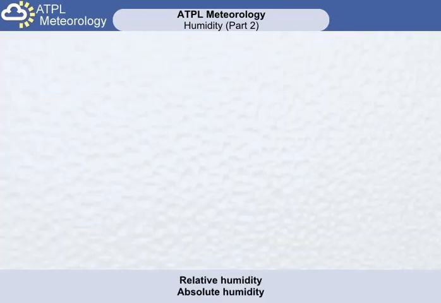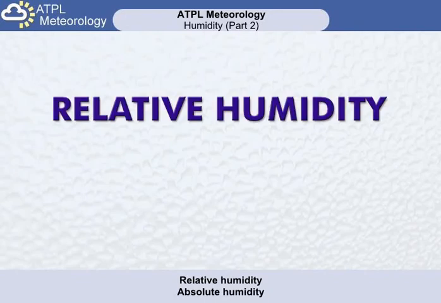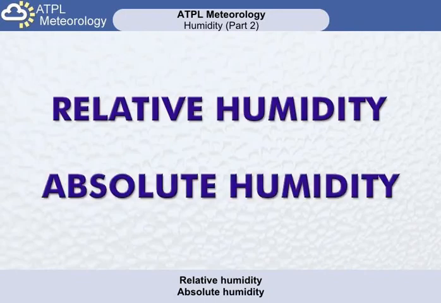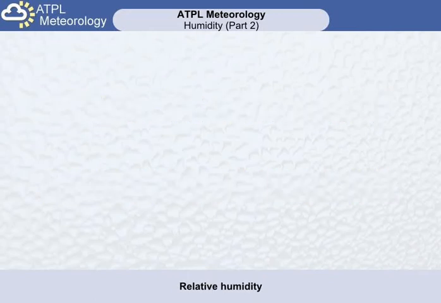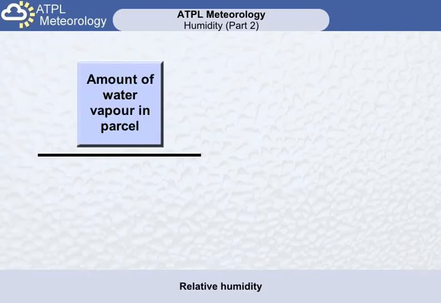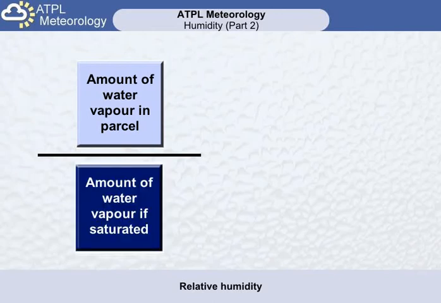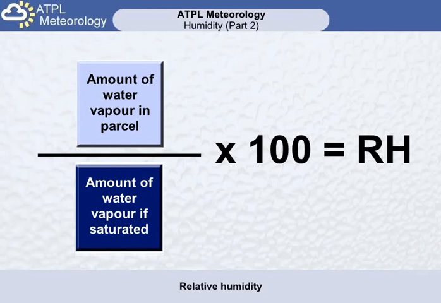We are now going to talk about humidity and its measurement. We can reference humidity with two specific terms, relative humidity and absolute humidity. Relative humidity is the percentage degree of saturation, or put another way, it is the amount of water vapor a body of air actually contains, relative to the maximum amount it could hold, expressed as a percentage.